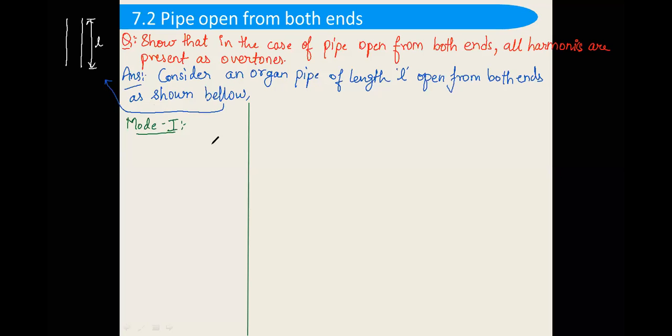What we have in mode 1 is this organ pipe, open from both ends, of length L.